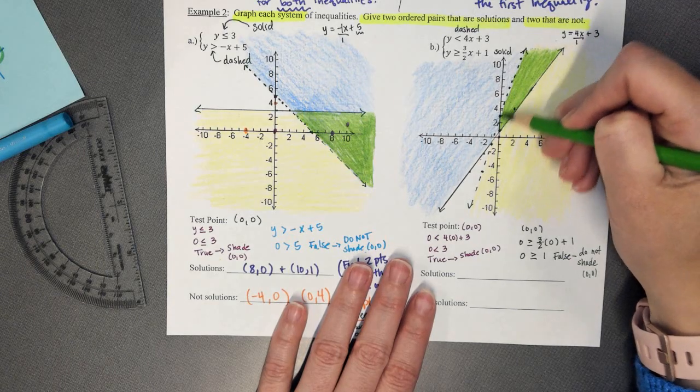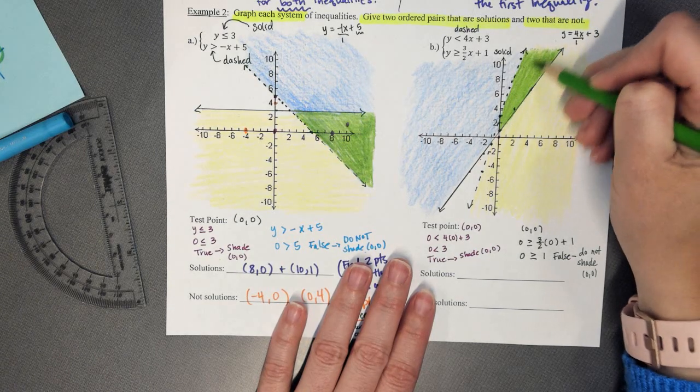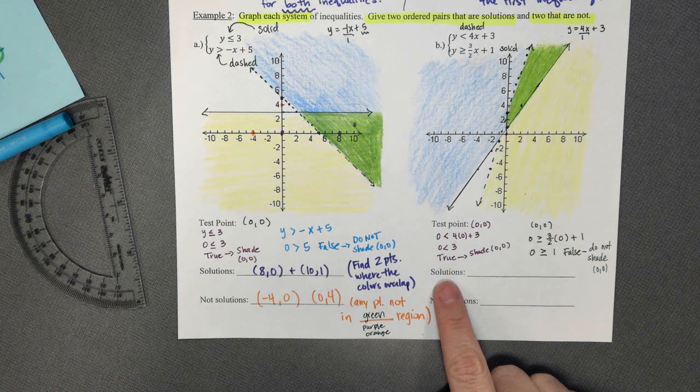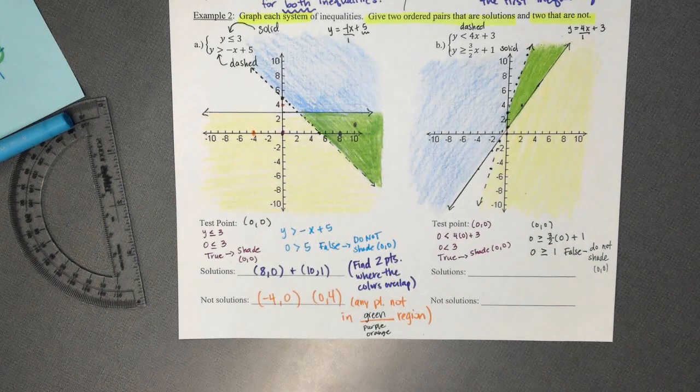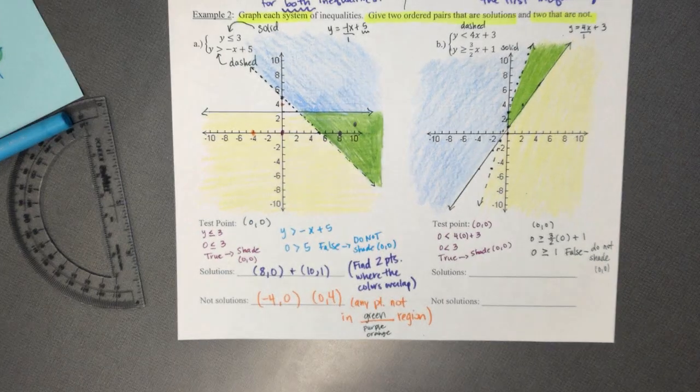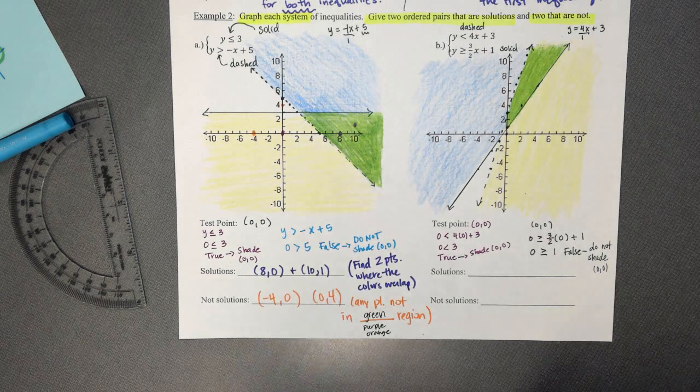Okay, notice again that your solution region is a triangle. Okay, and then you have to just pick any 2 points that are in that region, okay?